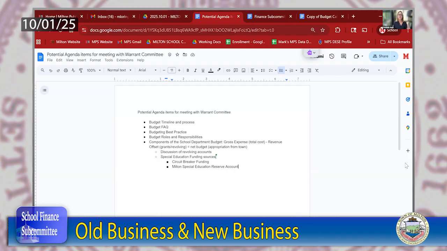I wonder if there's a level of education on that. Again, not going into the depth that Danielle went into, but that might be helpful, because I think that is the portion of the budget that has changed. I think that question has come up year over year with the warrant committee and with others within the community to understand the why around that piece.